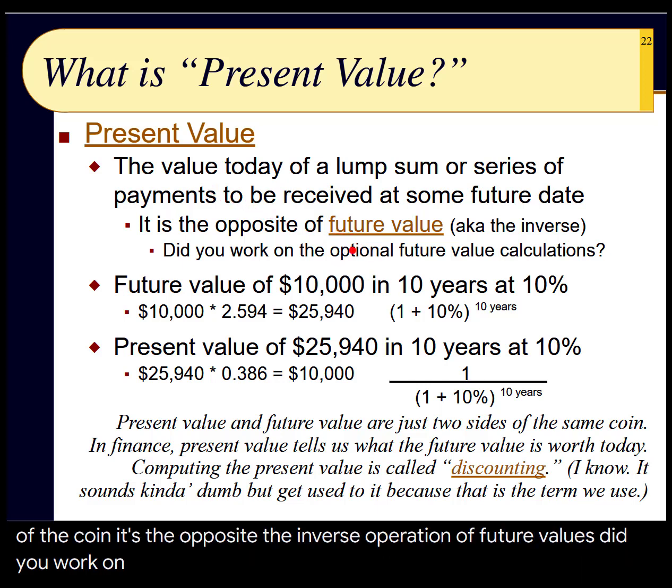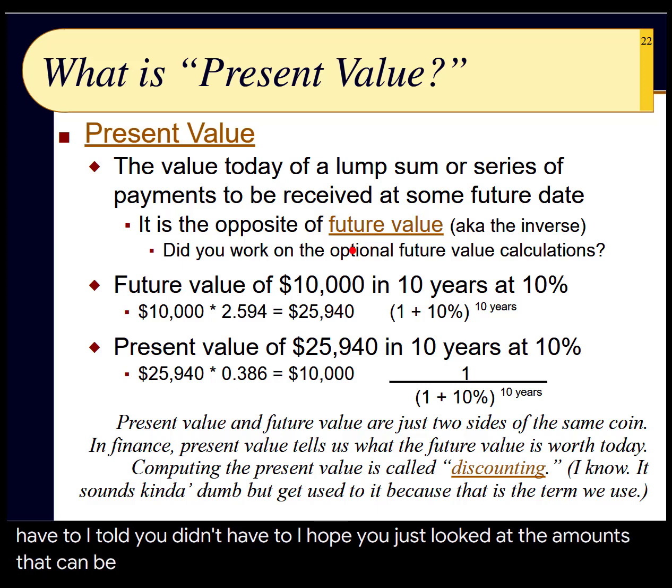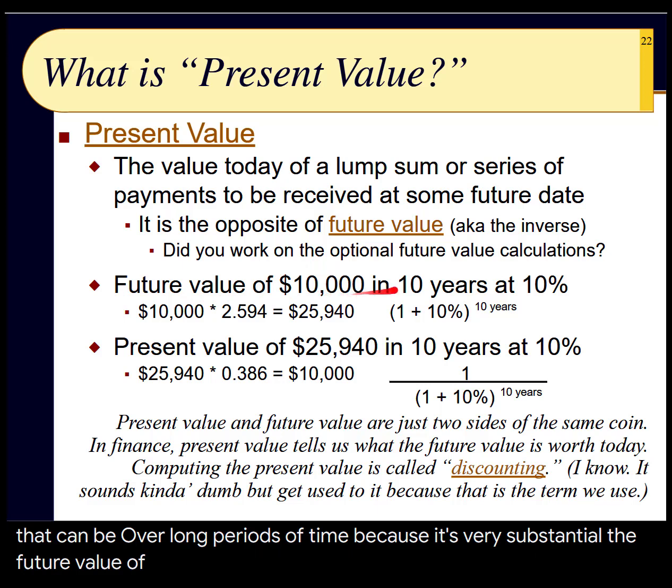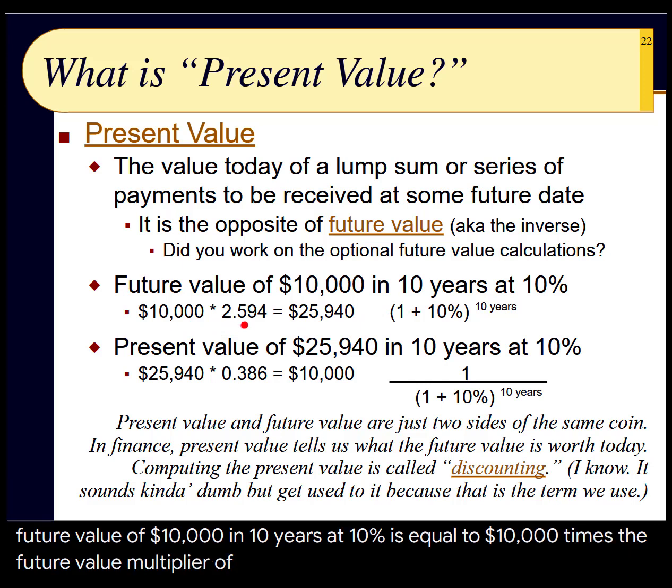Did you work on the future value calculations back in chapter 1? You didn't have to. I told you didn't have to. I hope you just looked at the amounts that can be earned over long periods of time, because it's very substantial. The future value of $10,000 in 10 years at 10% is equal to $10,000 times the future value multiplier of 2.594.